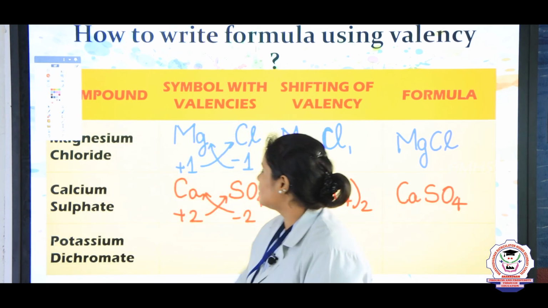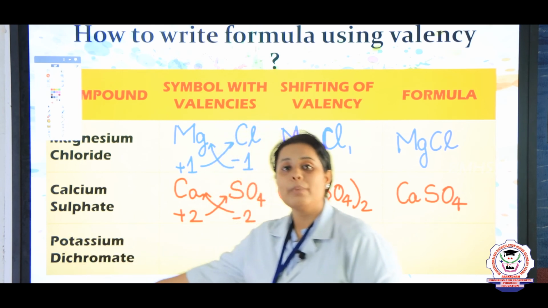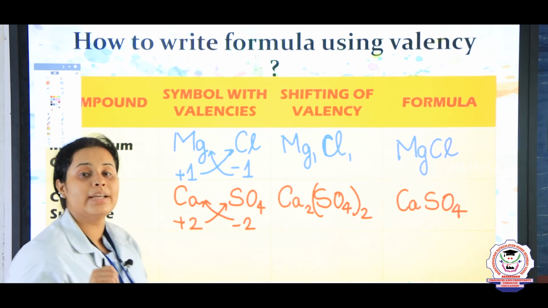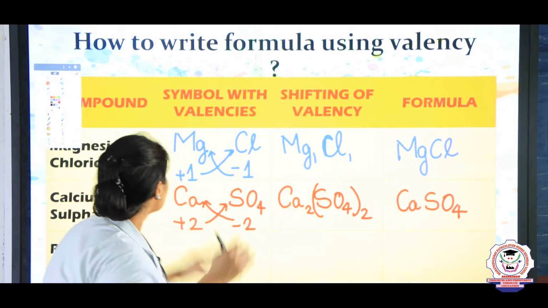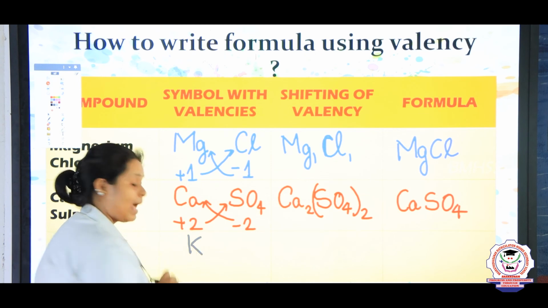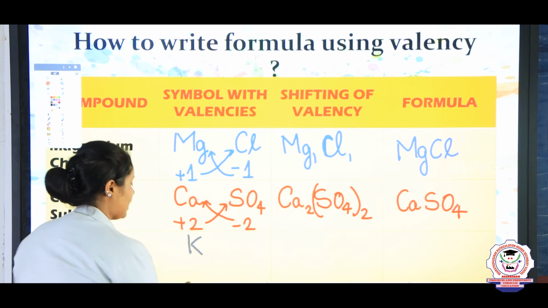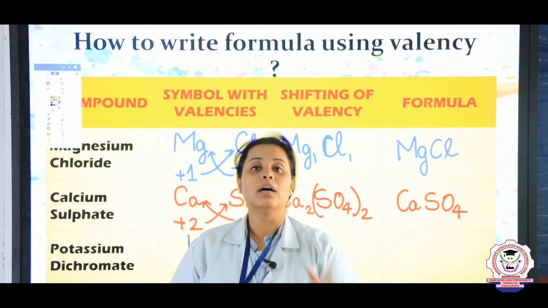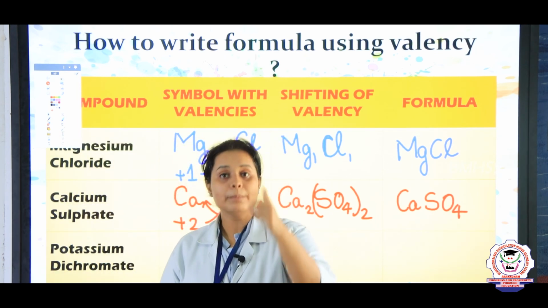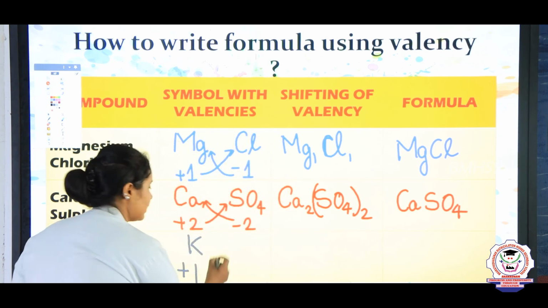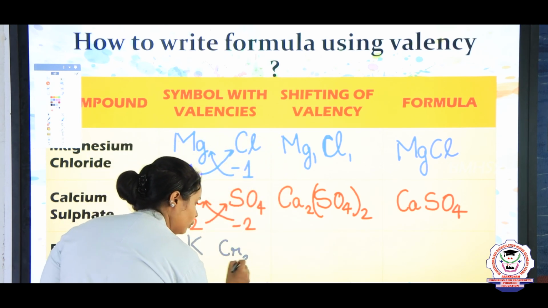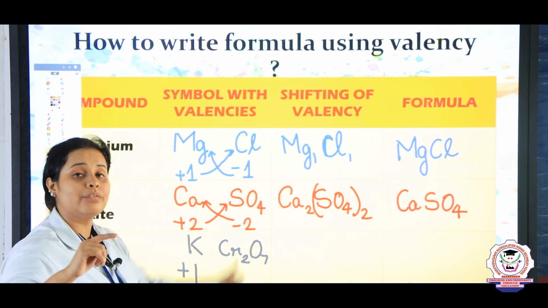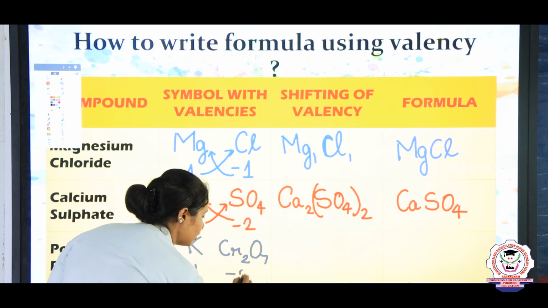And finally, let's see the formula of potassium dichromate. Potassium is written as K and the charge of one atom of potassium is plus 1. Same way, dichromate is a form of chromium and oxygen, and is written as Cr2O7, and the charge of one molecule of this radical is minus 2.